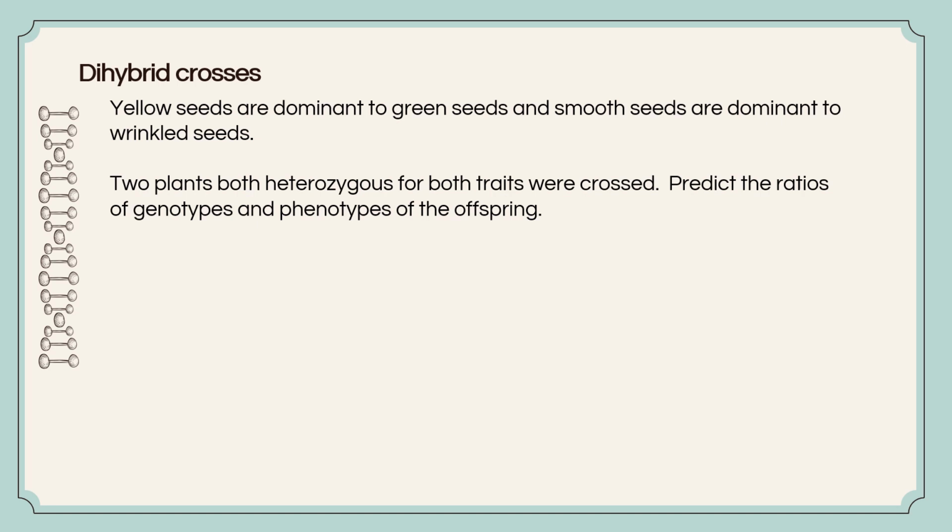We're going to look at the same traits, but this problem's going to be a little bit messier. So still yellow seeds dominant to green seeds, that'll be our little y. Smooth seeds dominant to wrinkled seeds, our little s. Now our two parent plants are both heterozygous for both traits. That means that both of the parents have a genotype of big Y, little y, big S, little s.